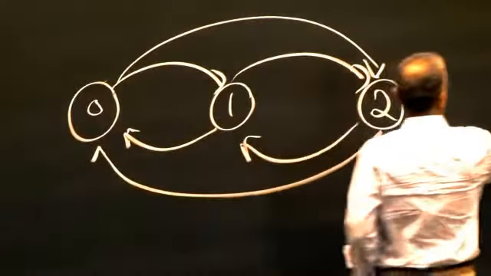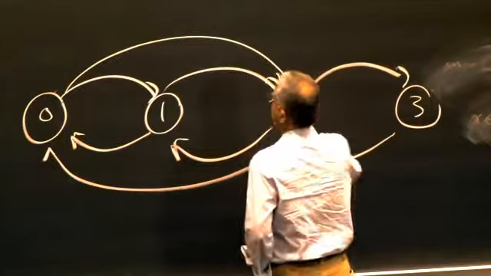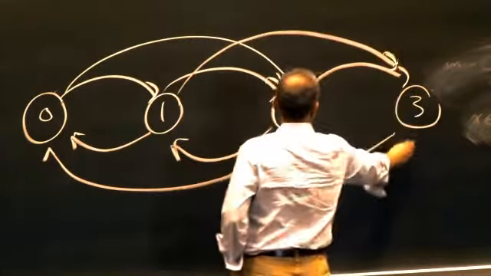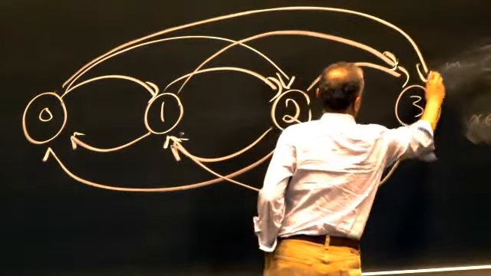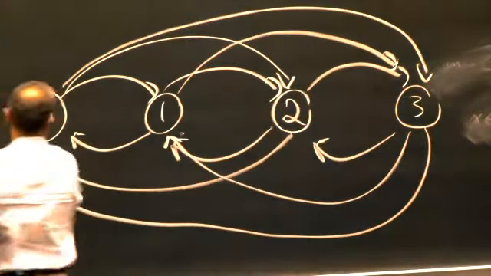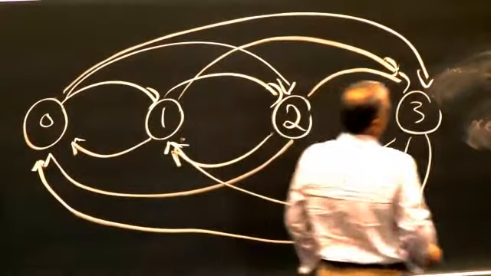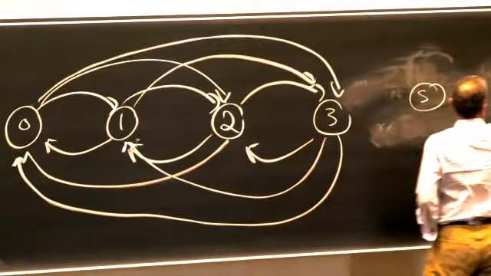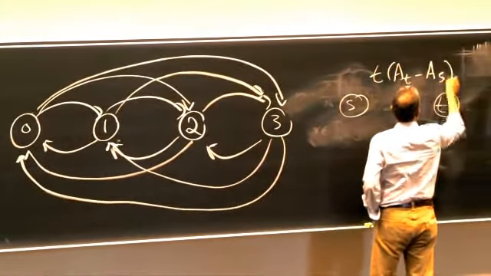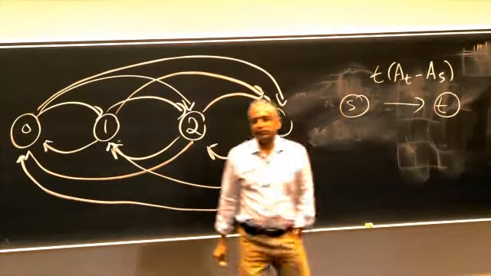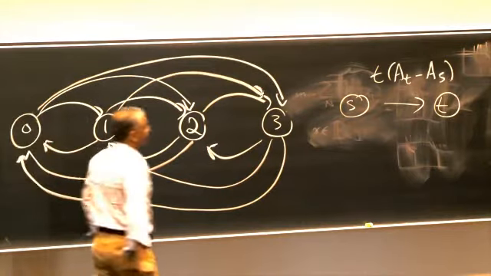Let me draw it out once more. And remember, the form of an edge length is this. So a little bit of algebra shows you the following.